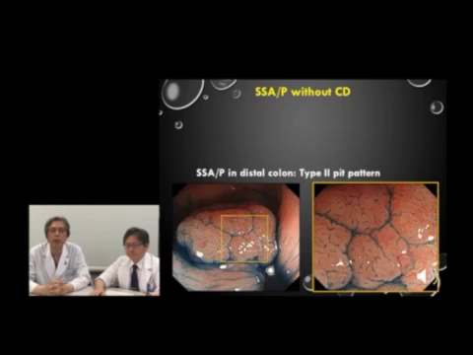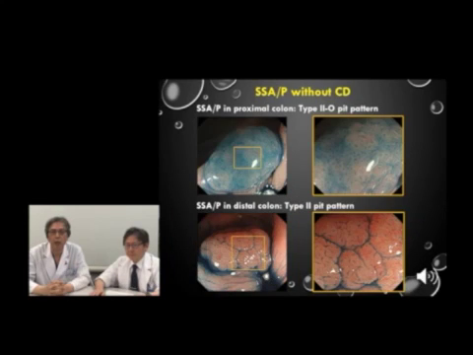In contrast, SSAPs in distal colon show conventional over-elongated type 2 pit pattern, and they seldom show type 2O pit pattern, because type 2 is a non-neoplastic pattern which is frequently observed in hyperplastic polyps. Our data suggested it may be difficult to identify SSAPs in distal colon by colonoscopy.